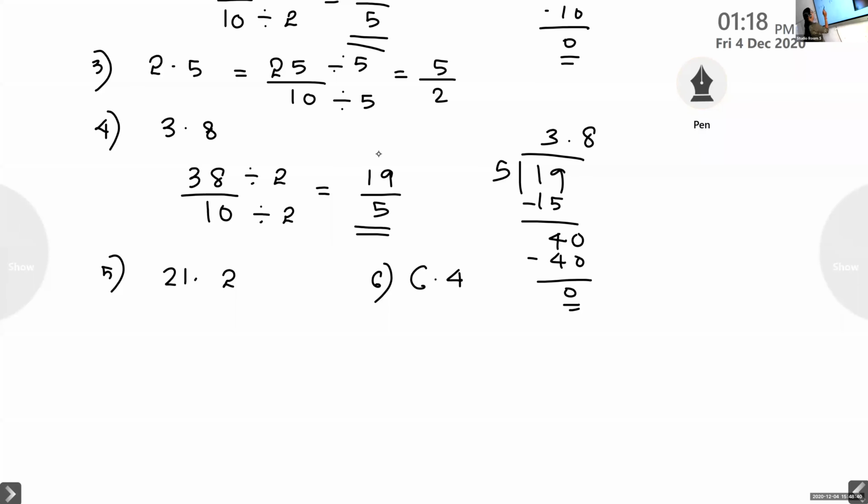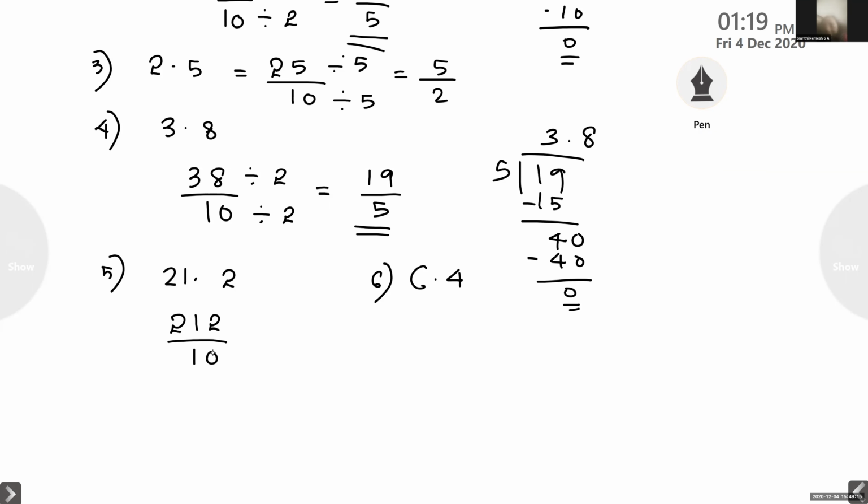Okay, children, did you get the answer? Yes, ma'am. So 21.2, how many decimal places? One decimal place. So 212 divided by 10, you will get this answer. Isn't it? Why are you not answering? Then what is our next step?